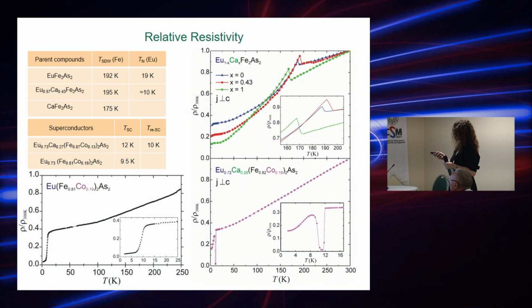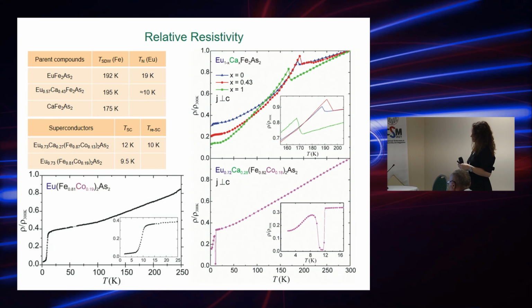It's observed in superconductors with europium. It's connected with europium magnetic moments because europium orders at this temperature here. Okay, so in europium-based samples only. Yeah, I didn't see it in different samples. Thank you.